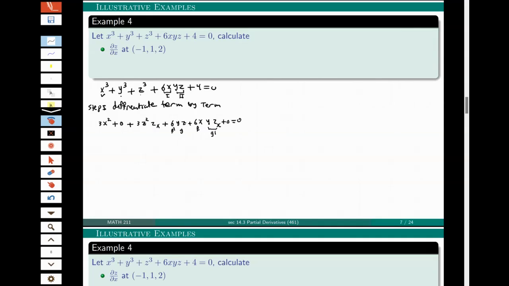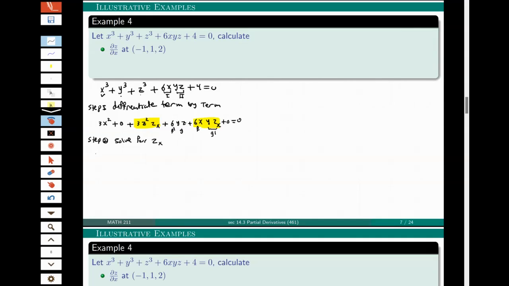Now, step 2, solve for z sub x, which means keep z sub x on one side and the rest on the other side.